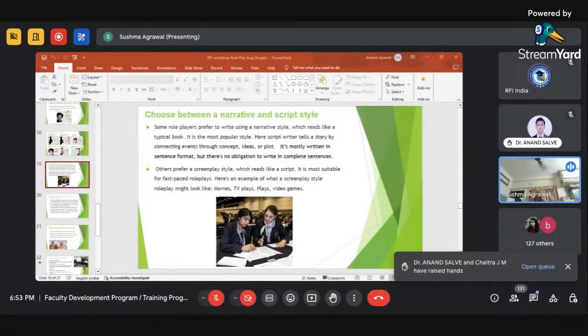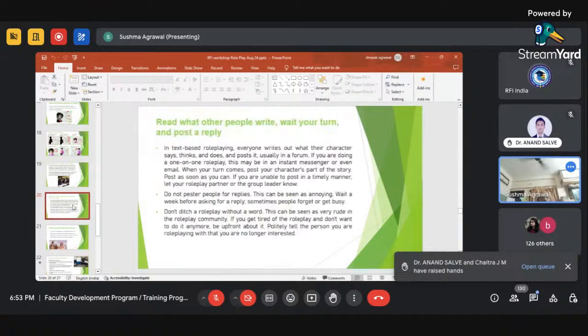Once some background story is being conducted, providing some details and historical information about these characters, that can be in the form of a narrative style. The next step is to read what other people write, wait for your turn and post a reply.